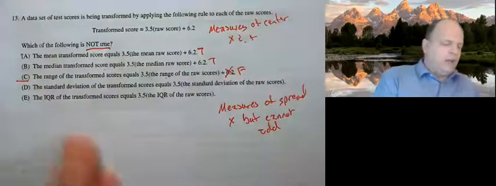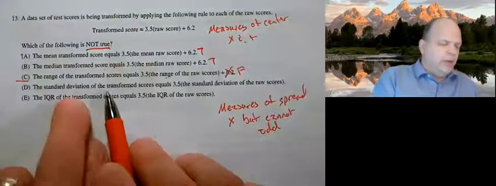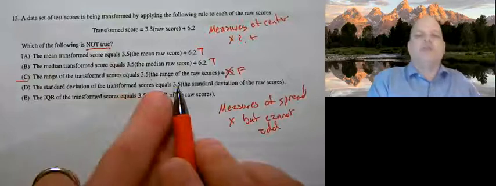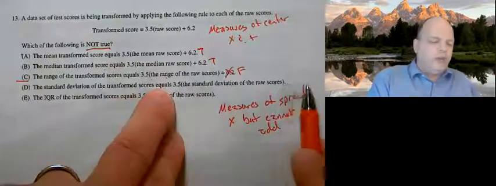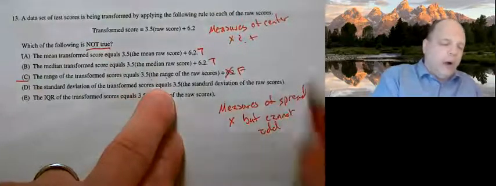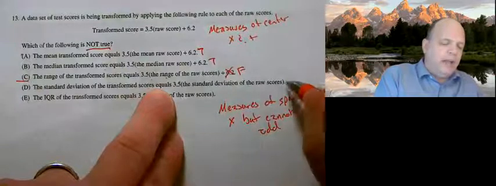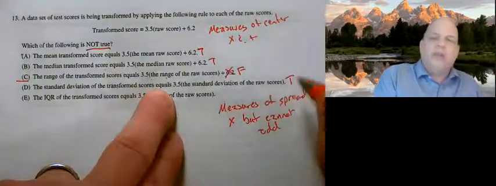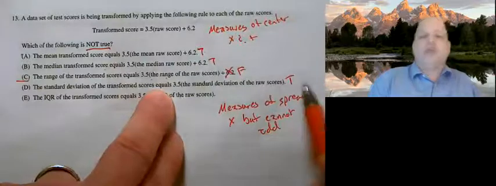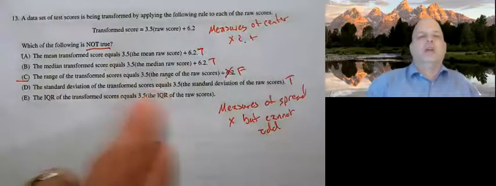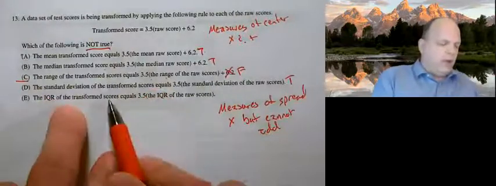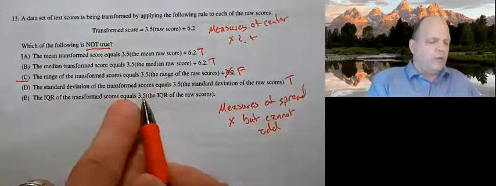All right, now let's continue on for just a moment. The standard deviation of the transform scores is 3.5, and notice they dropped off the 6.2. Why? You can't add, and since they didn't include the plus, this is true. If they'd had the plus 6.2, that would have been false. And then they have the IQR. The IQR of the transform scores is 3.5.